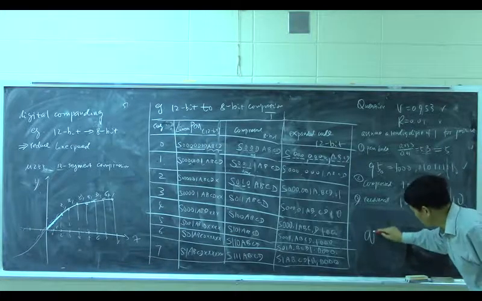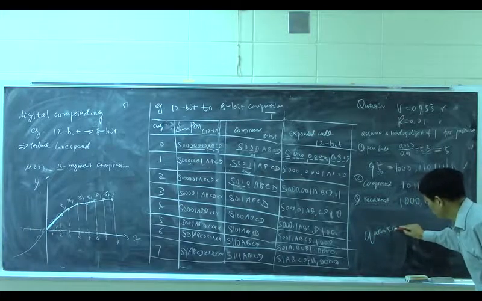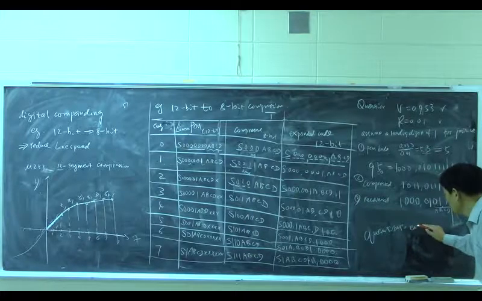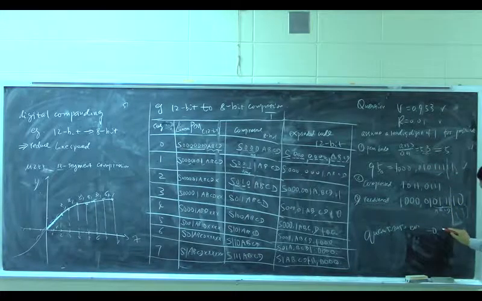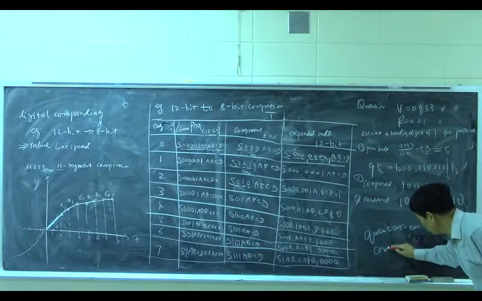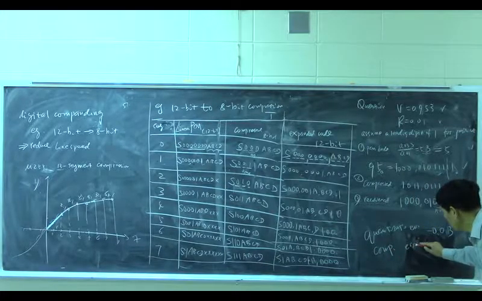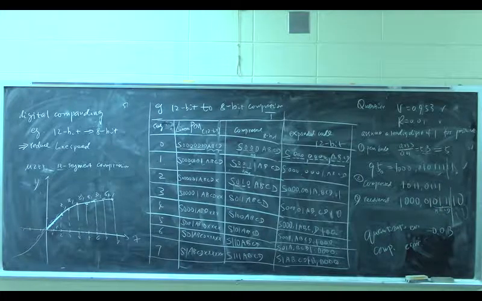So the quantization error is negative 0.003. And that's only one. Right? Negative. And the compression error is, we recovered this. The actual is 1, 1.